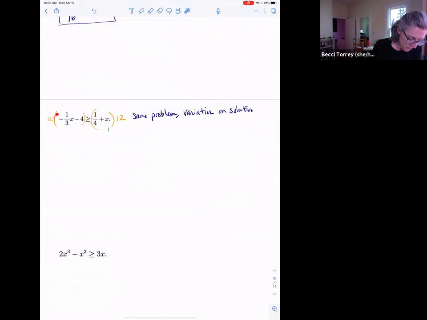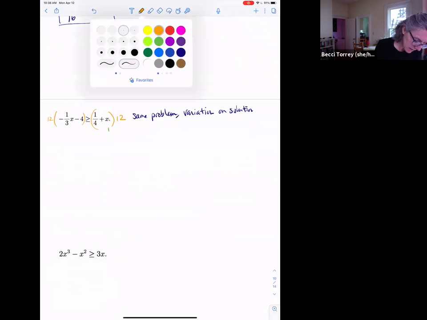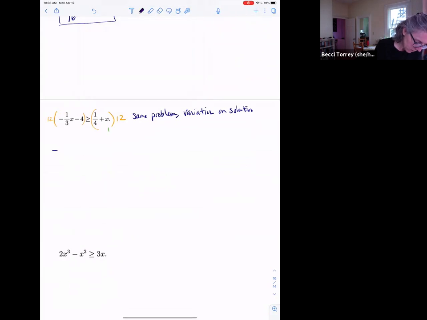I do have to distribute across, right? So 12 times the -1/3 x is going to give me -4x. -4 times 12 is -48. This is also nice because we'll check my work and see if I did it correctly over there. And 12 times 1/4 is 3, plus 12 times x.